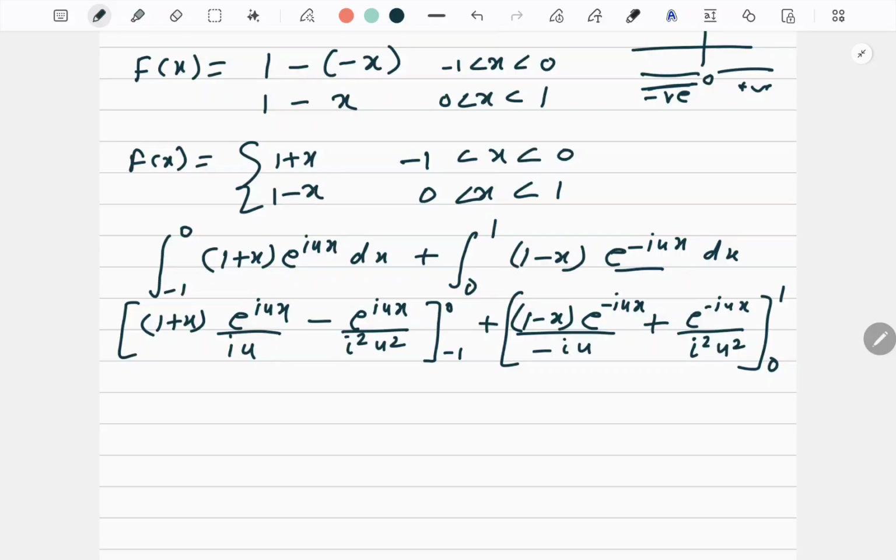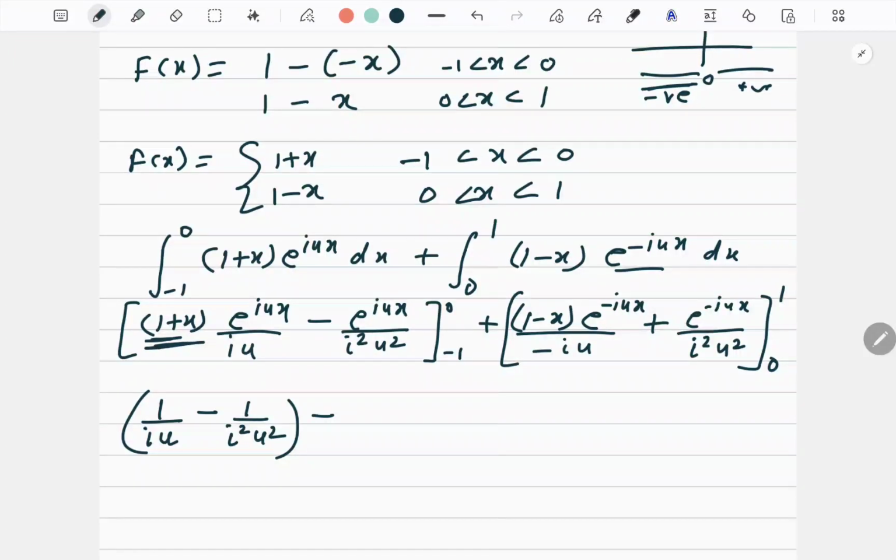So now let us apply the limits. When I am applying the limit to the first one, the upper limit is 0. So when I put 0 here, 1 plus 0 is 1, e to the power 0 is 1. So 1 upon iu. Okay, minus, here if I put 0 it is 1 upon i square u square. So this is the upper limit. Minus, now I will put the lower limit.